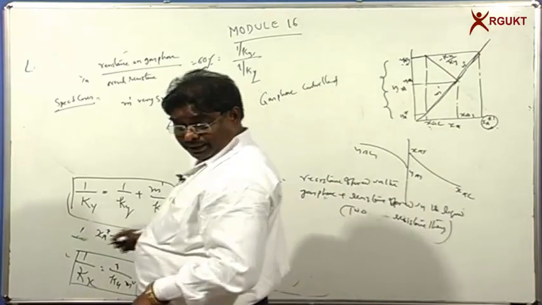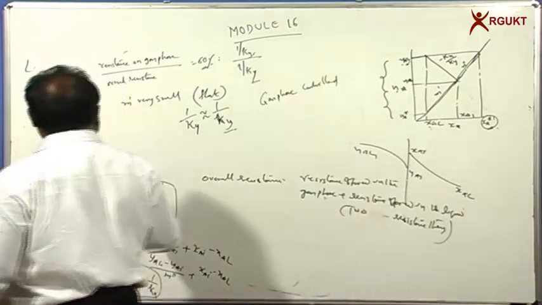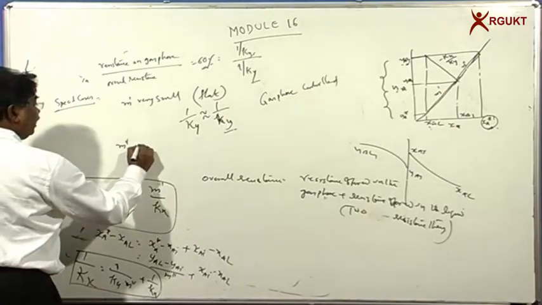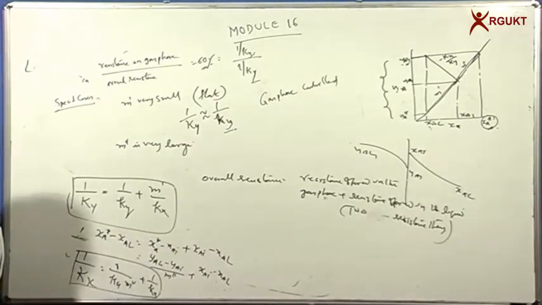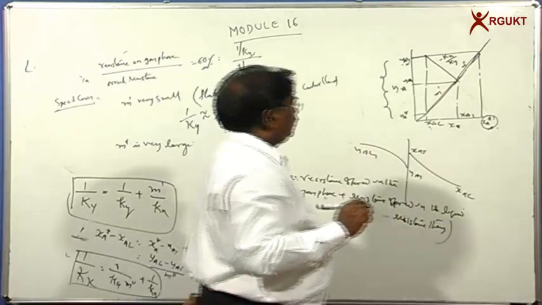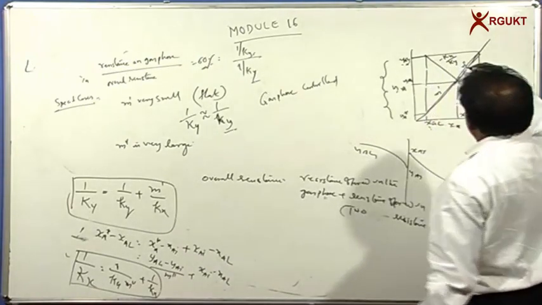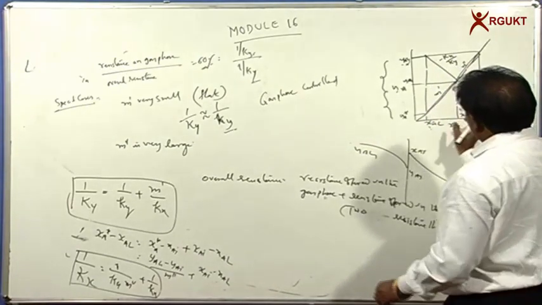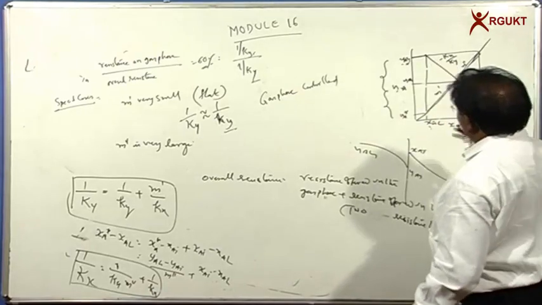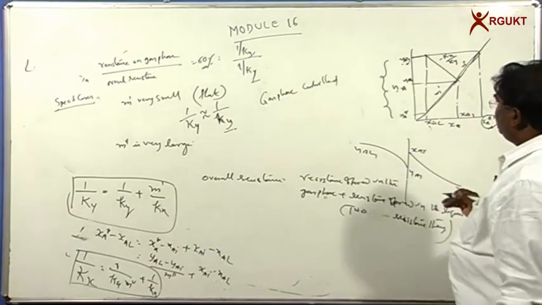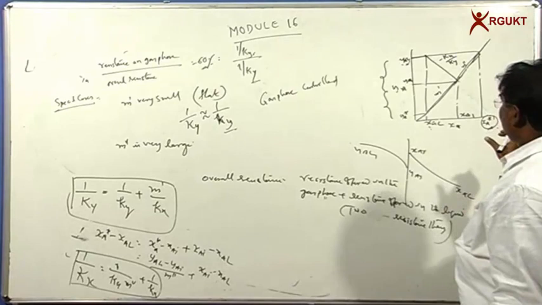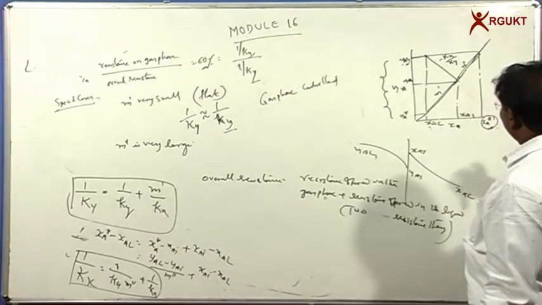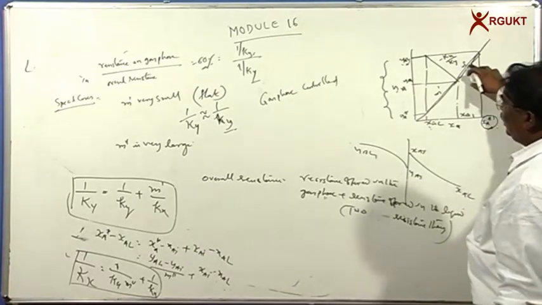Then the second thing is the other case, when m prime is very large. m prime is very large means a small change in the liquid phase produces a large change in the gas phase. If small changes in the liquid phase produce large changes in the gas phase, your m prime will be very, very large.